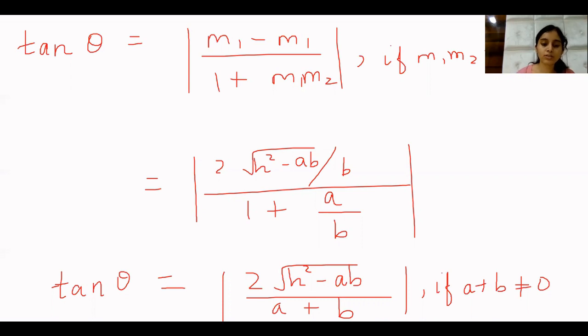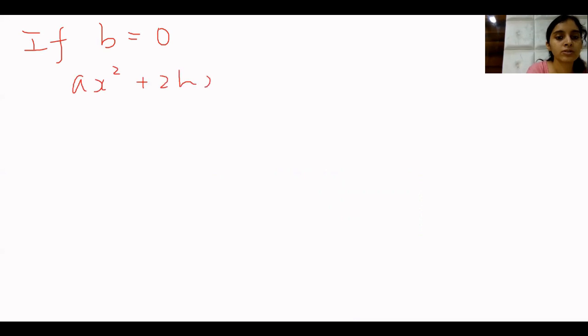Okay, so there are some conditions that we should know after knowing the angle between the two lines. The first one, if b is equal to 0, what happens is the combined equation changes to ax square plus 2hxy equal to 0. Therefore we'll have x common and ax plus 2hy equal to 0.